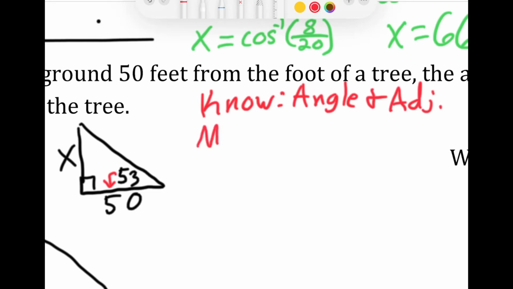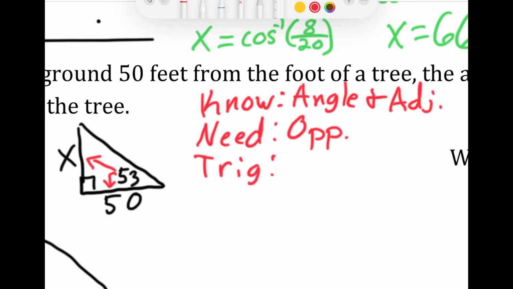We need to know the opposite side of the angle given. So which trig function do we need to use?